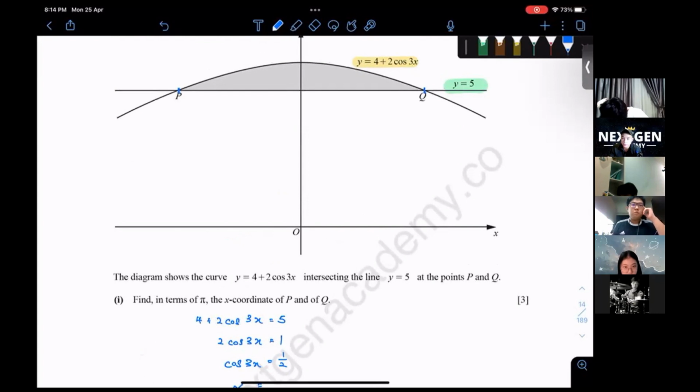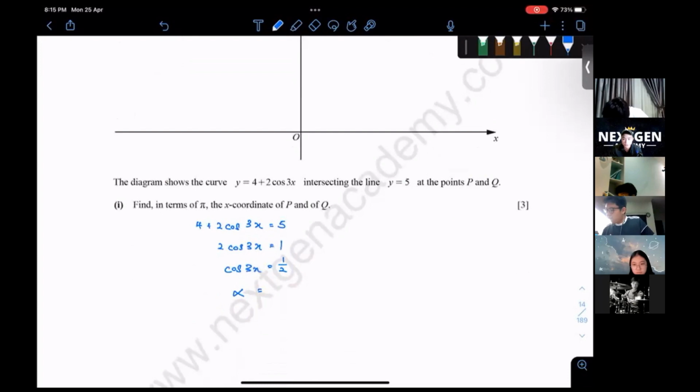That means one of my angles, I need it to be negative. So we see how to do it. We still go with the whole ASTC method. So shift cos 1 over 2, you'll get 60 degrees or pi over 3.